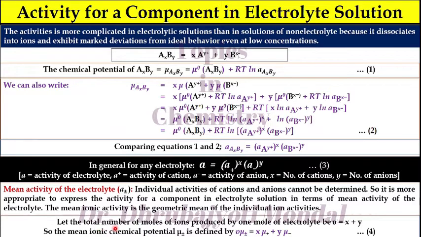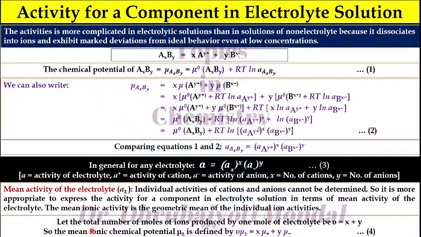Let total number of moles of ions produced by 1 mole of electrolyte be nu. So here you can see nu is the total number of ions, or you know that x is equal to number of cations and y is equal to number of anions. So you can write nu is equal to x plus y, total number of ions.